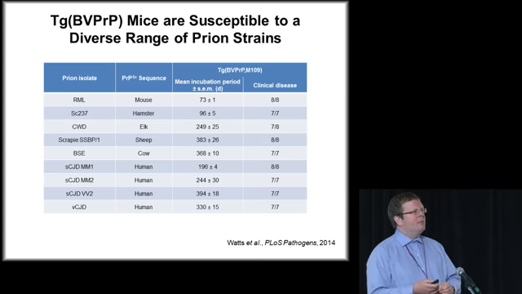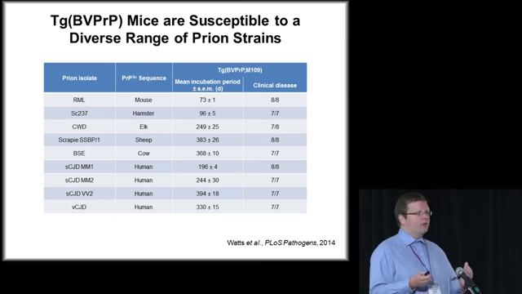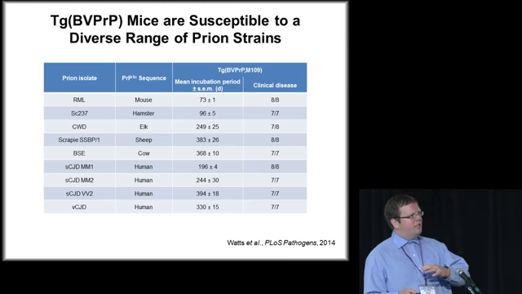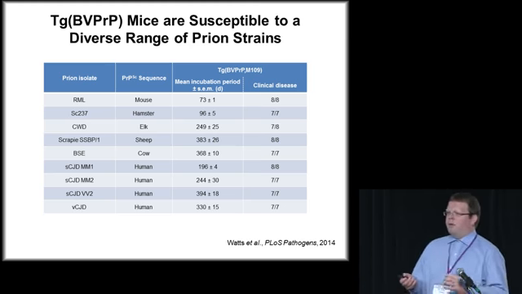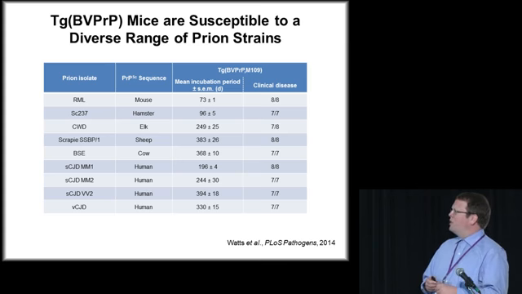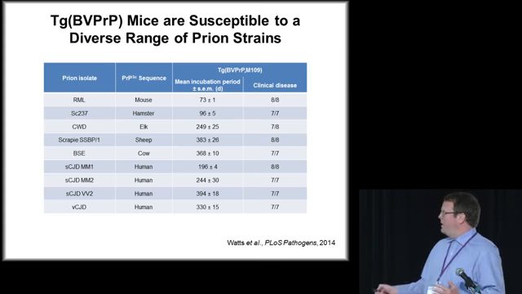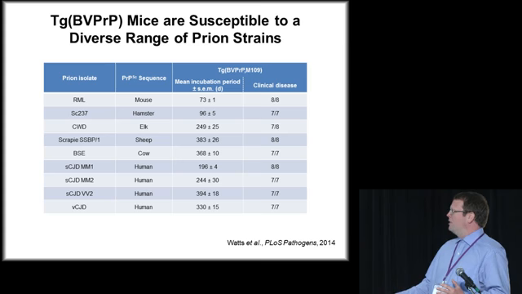What we did is we created genetically engineered mice, so-called transgenic mice, that instead of producing the mouse prion protein, produced the prion protein from the bank vole. Then we took these mice and challenged them with prions from all these different species: mouse, hamster, elk, sheep, cow, and 4 different strains of CJD prions.